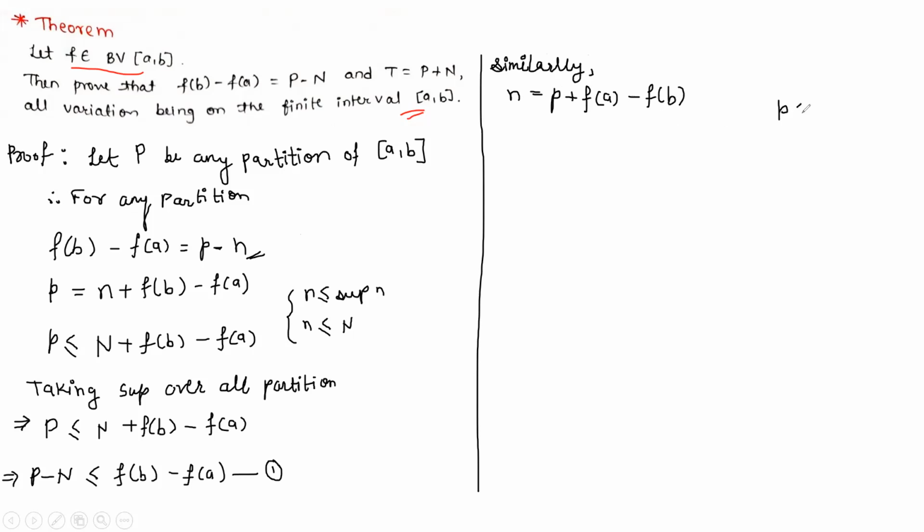Now this p is less than or equal to the supremum of p, and the supremum of p is equal to the positive variation. So this can be written as n less than or equal to capital P, that is the positive variation, plus f(a) minus f(b). So now again taking supremum over all partitions.